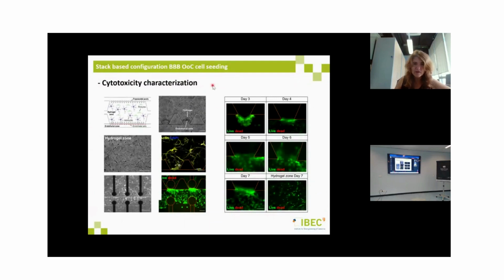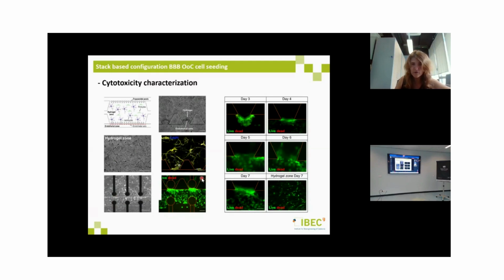Okay, here you can see with bright field the stacks that I commented. Here are the endothelial cells that have grown in between the stacks, and here you have the brain area, and also the electrodes in between the barrier. So here you can see a live and dead test.